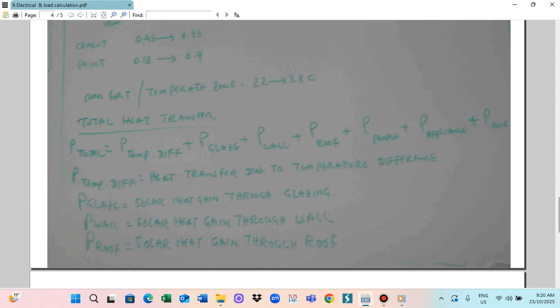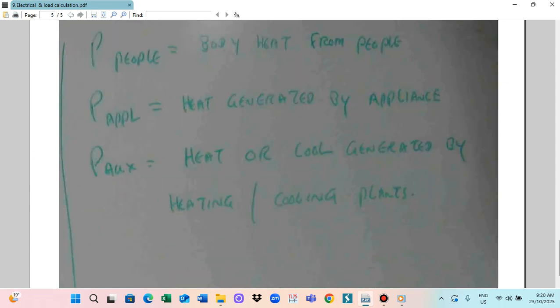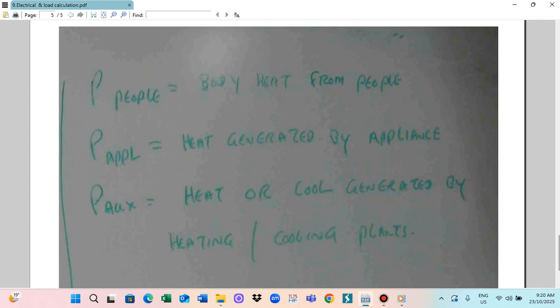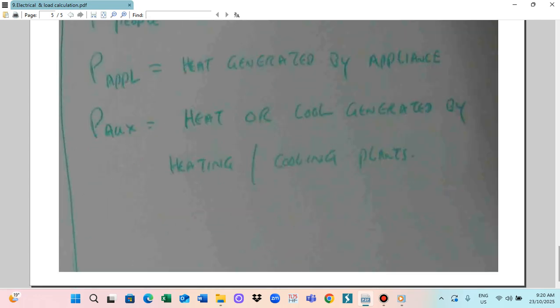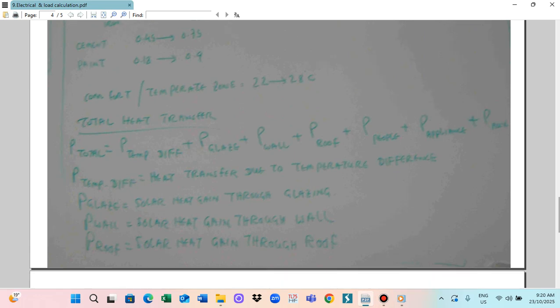Everything is combined, and then we can calculate the total heat gain or loss.